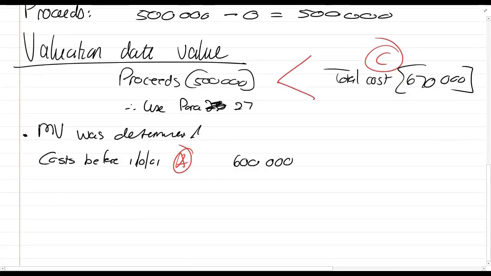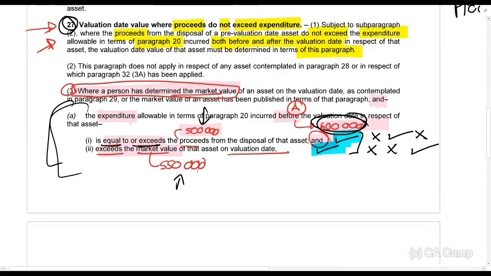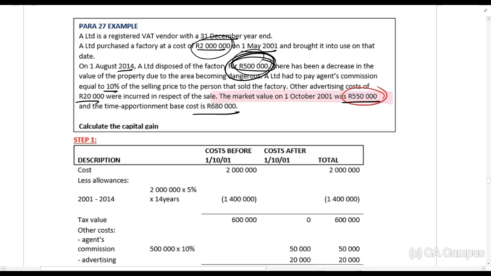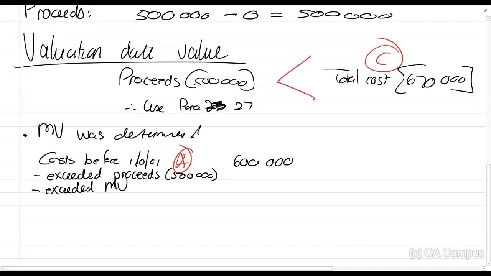Now we say that it exceeded, the first one they ask us, did it equal or exceed proceeds? In this case, it exceeded proceeds. So you can see I'm applying that as I'm going. Plus it exceeded market value. The market value that they gave us was 550.